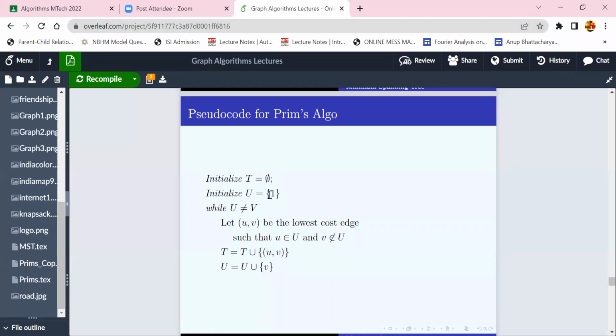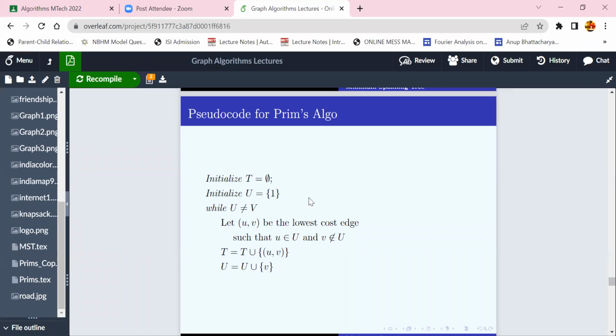This initializes U as 1. You can see my screen, right? Yes, this is just a vertex given from where you start growing. In the initial step, the algorithm will look for all the neighbors of 1 and see the lowest cost edge.